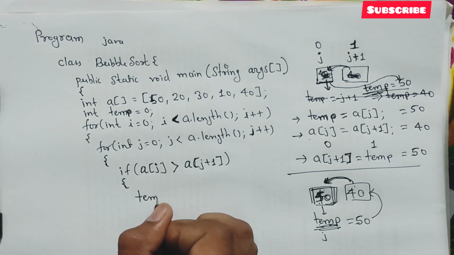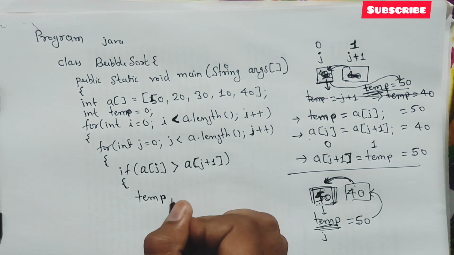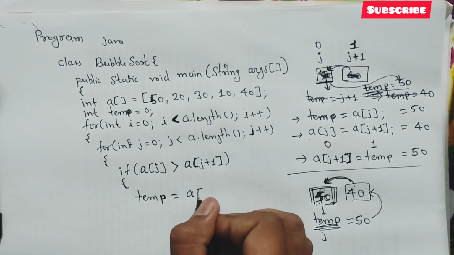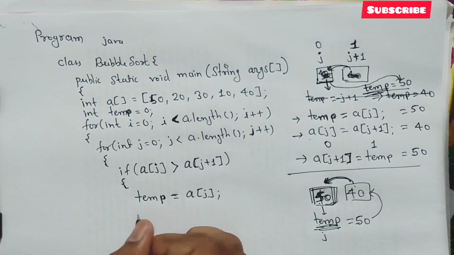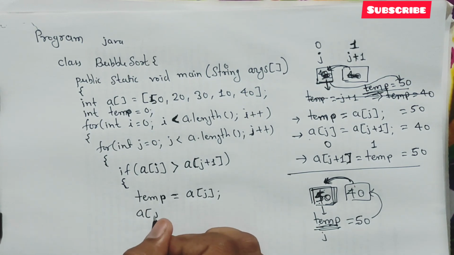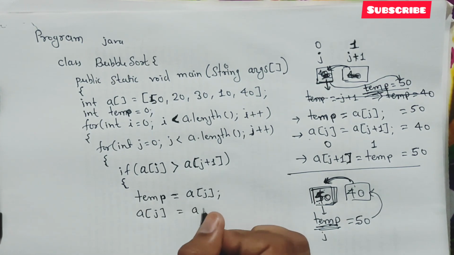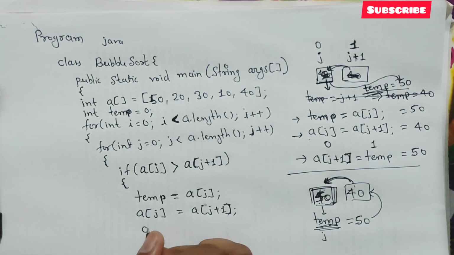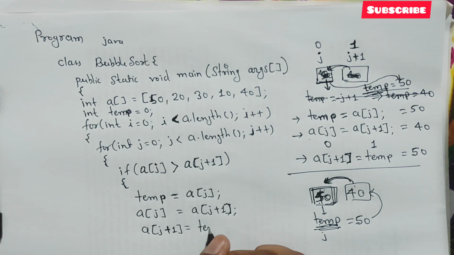So in the variable temp I will put a of j, and at a of j I will put a of j plus 1, and at a of j plus 1 I will put temp. In this way this will be done.